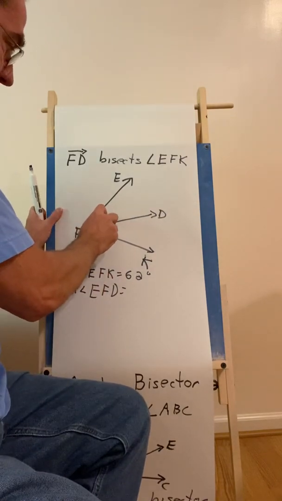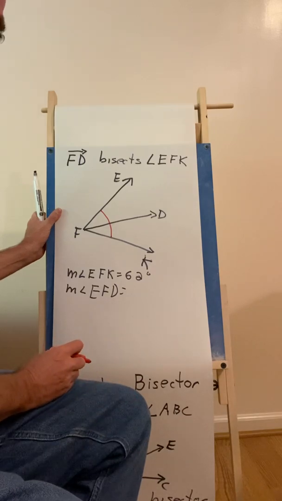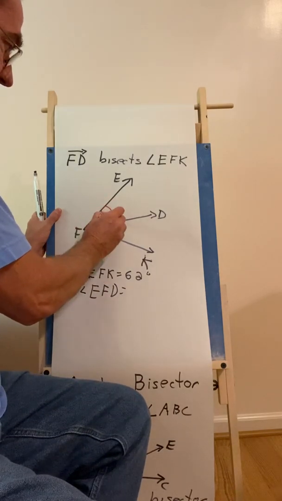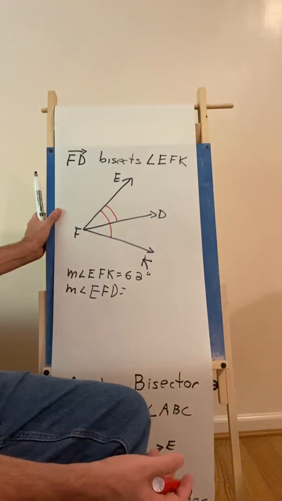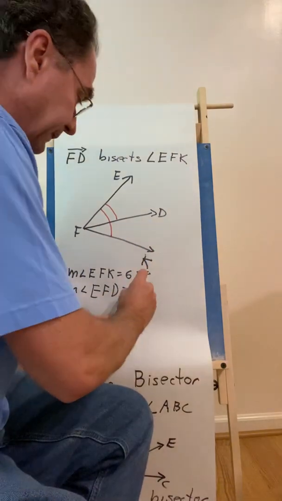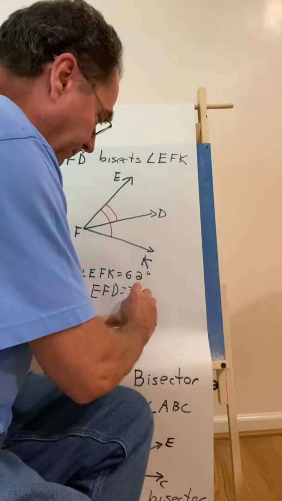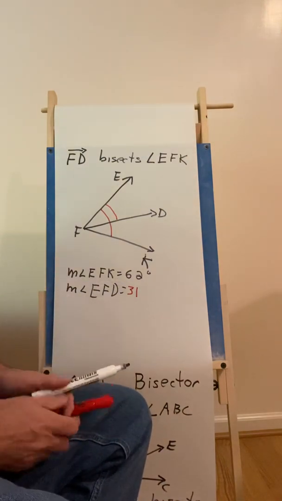EFK, this whole angle right there, is 62. EFD is that angle there. Since it's cut into two equal parts, it's cut in half. So that angle would be half of 62. It would be 31.